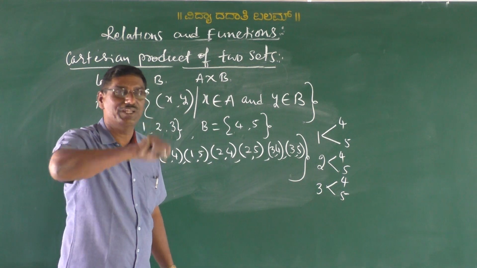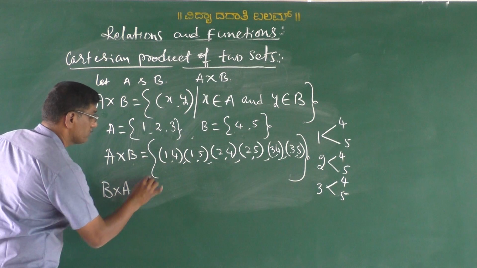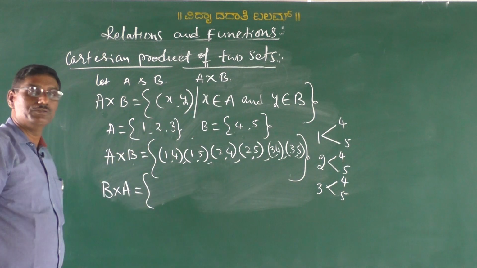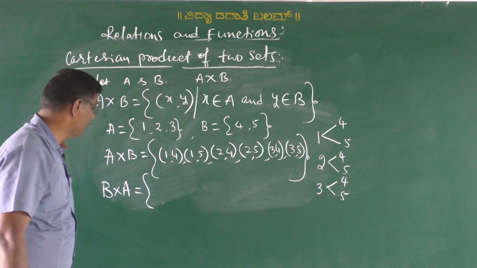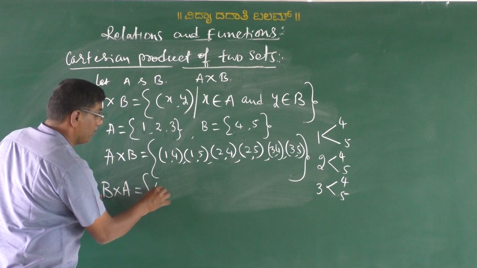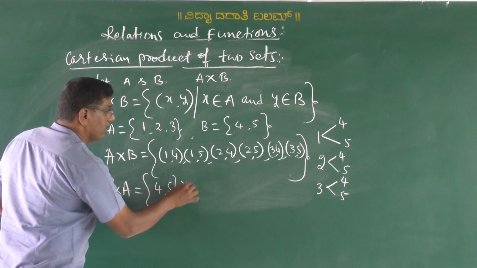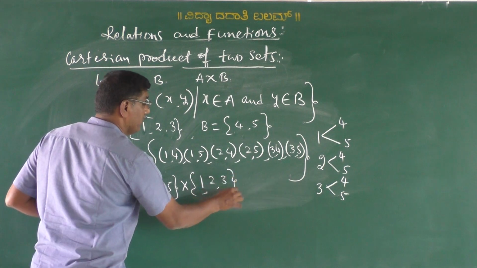And also, my dear students, B cross A is equal to set B, that is 4 comma 5, cross set A, 1 comma 2 comma 3.